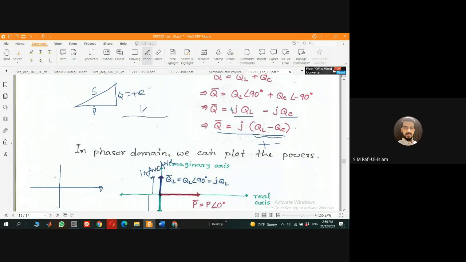Otherwise, this is P, and now Q is negative, the capacitive case. So Q is a negative value. When will it become a negative value? If the capacitive contribution of reactive power is greater than the inductive contribution of reactive power. Do you understand this thing?